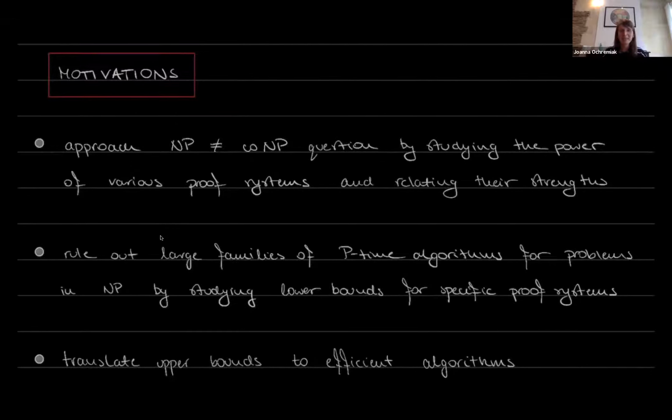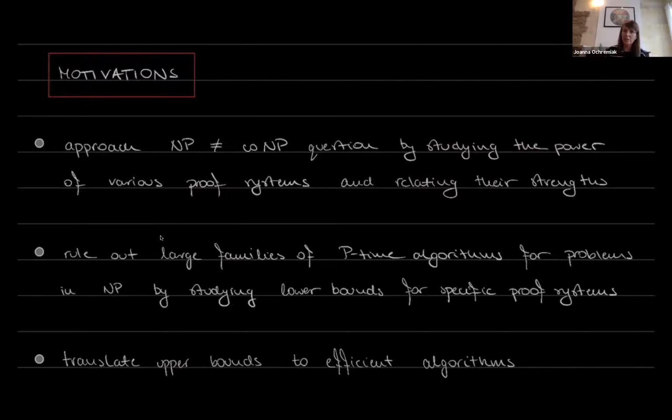Another motivation is to rule out large families of p-time algorithms for problems in NP. Very often, our proof systems correspond to some algorithms, which could be efficient algorithms. So by showing lower bounds, by showing propositional formulas which do not have small proofs in a certain proof system, you can rule out some algorithms which you could potentially hope could solve those problems.